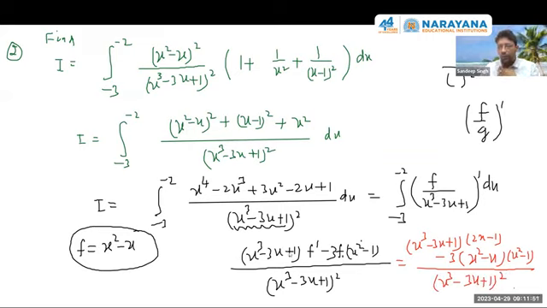X power 4 coefficient. I think minus will come also. No? So 2x power 4 minus 3x power 4, so minus of x power 4. Correct. Plus 2x cube you should get from here if you multiply this by minus. So what is the coefficient of x cube? Can you check? Minus x cube, and from here you will get plus 3x cube minus x cube.